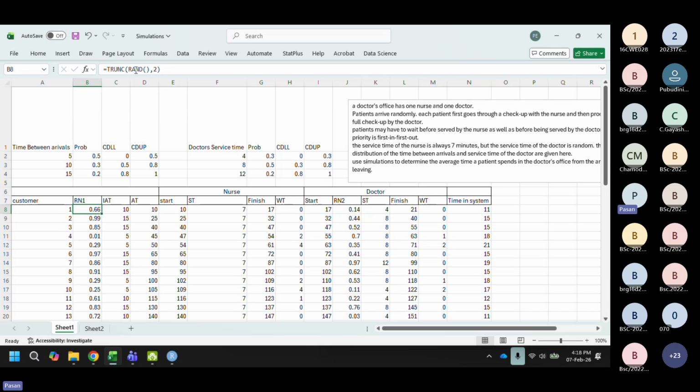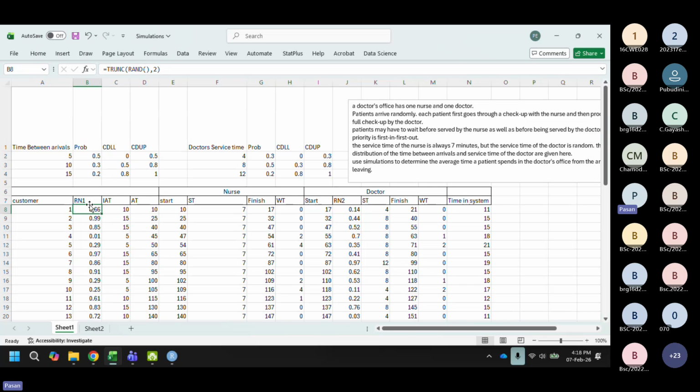In general, if I generate the random number, that will become a very small number, like zero point 0, giving a larger number of decimal places. That's why I'm using the TRUNC command for truncating, and using only two decimal places. You can even use it without that command as well.